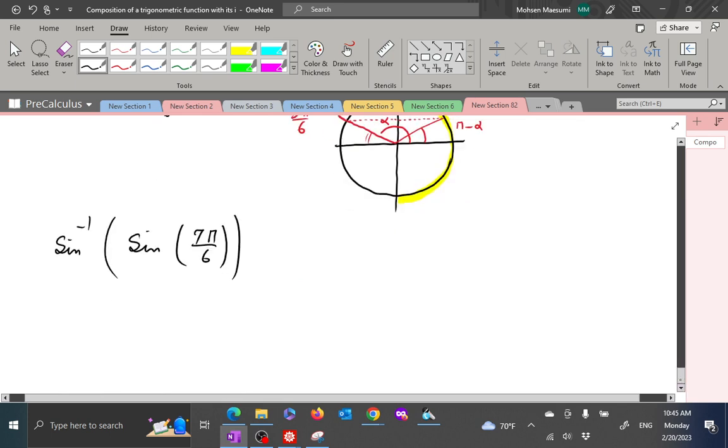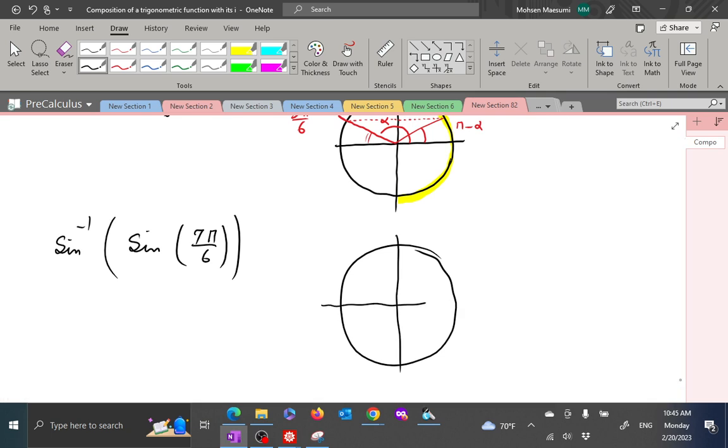7 pi over 6, I draw the unit circle again. So where is my angle? 7 pi over 6 is here, at this location. I'm again looking for angles in this range. Which one of them has the same sine? How do you get the sine? I go straight to vertical. This is what sine is.